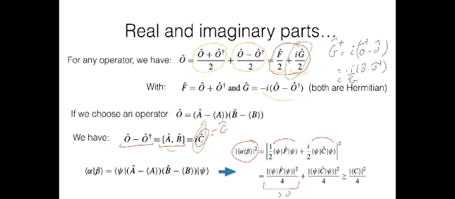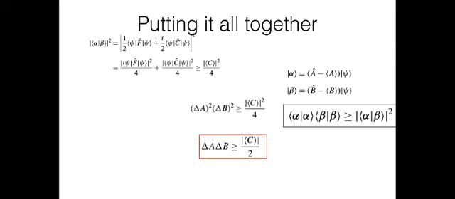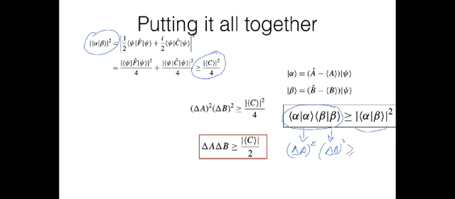If we put everything back together, we just established that alpha beta is larger than C squared over 4, and we also established that alpha alpha times beta beta is larger than this. This is equal to delta A squared, this is equal to delta B squared, so the uncertainty squared. This is larger than alpha beta squared, but alpha beta squared is itself larger than C squared over 4.